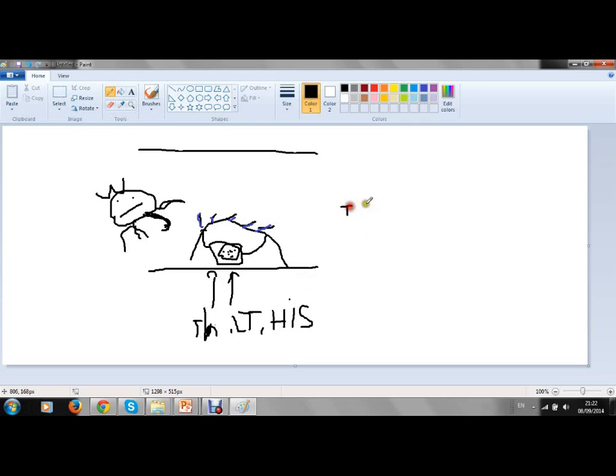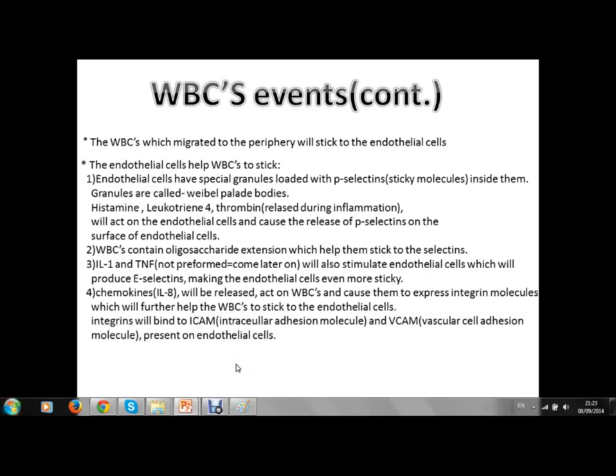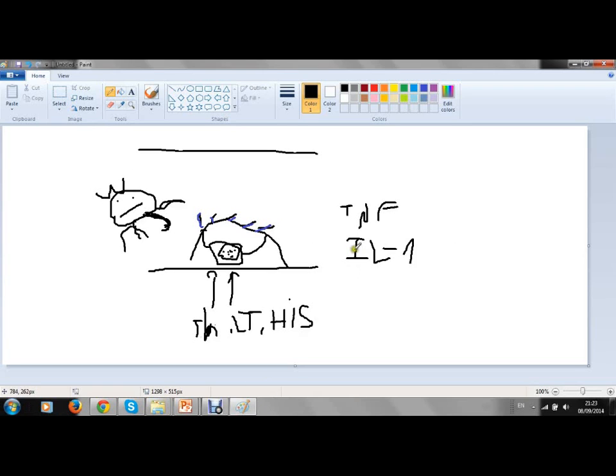Tumor necrosis factor and IL-1 will be synthesized later on, and they will cause the expression of E-selectins. So on the endothelial cells we will have E-selectins and P-selectins expressed, and the sole purpose is to help the white blood cells to stick to the endothelial cells.